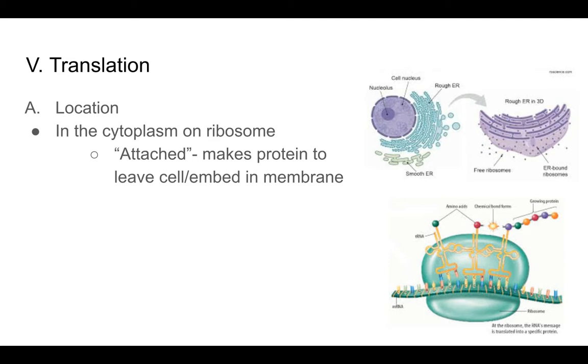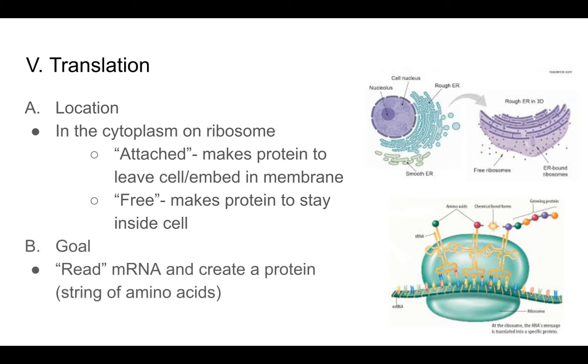Some of them get embedded in the cell membrane on their way out, which is how we end up with proteins in our cell membrane. The free-floating ribosomes are going to make proteins that will stay inside the cell and serve the cell. But the location for translation, everything we're getting ready to talk about, is on or at the ribosome. Depending on where the ribosome is, the protein created on that ribosome gets a specific final destination.